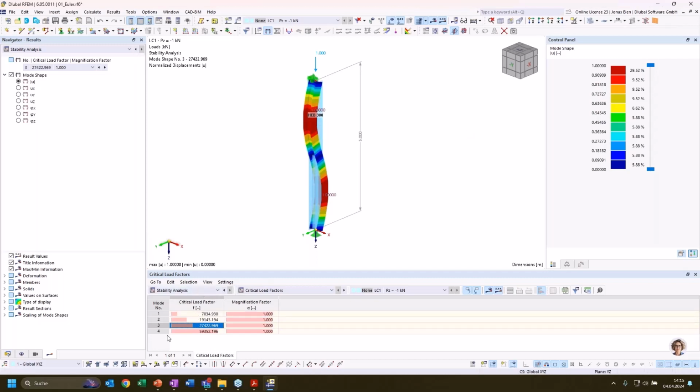And I want to now compare the critical load factor that we have calculated here with the critical ideal Euler load that we have for our Euler case 2.